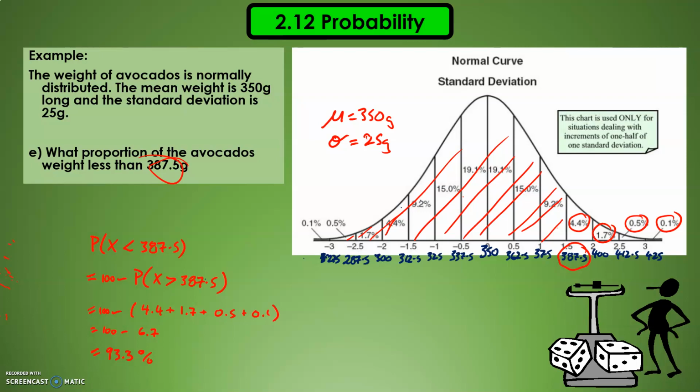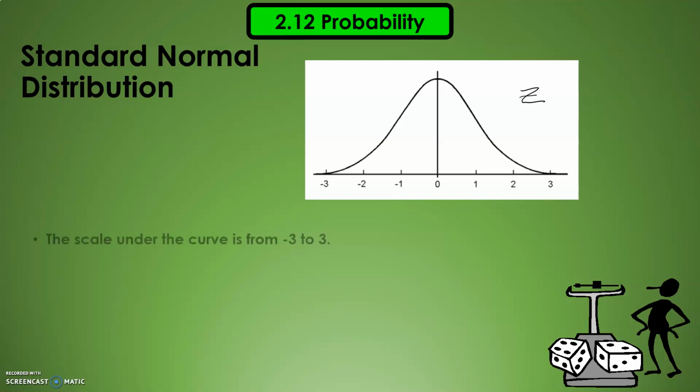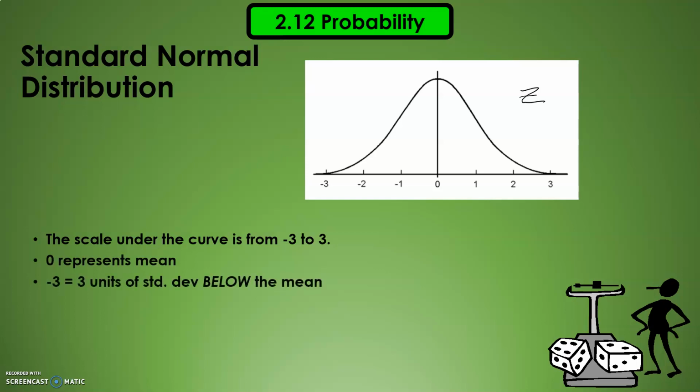So statisticians had this problem, and to solve the problem of having to have different values to be able to answer these questions, they came up with the standard normal distribution, where they didn't worry about what the values were, but they talked in terms of standard deviations. Okay, the scale of the standard normal curve is -3 to +3. 0 represents the mean. -3 is 3 units of standard deviation below the mean, and 3 represents 3 units of standard deviation above the mean.